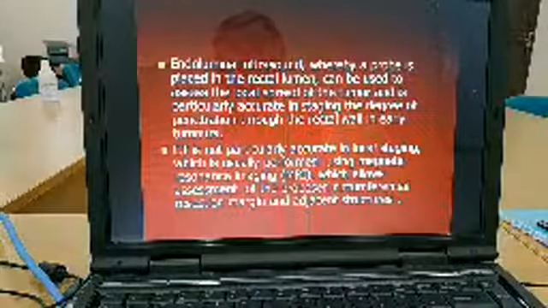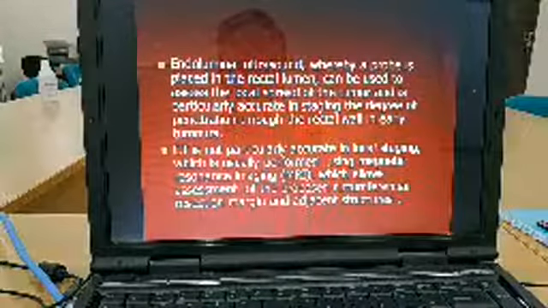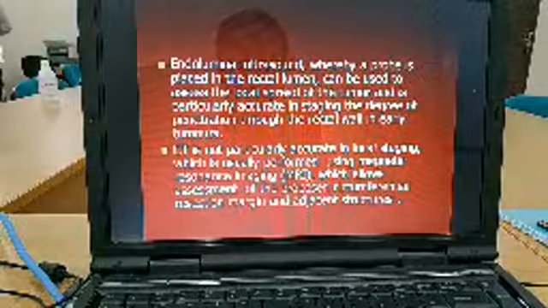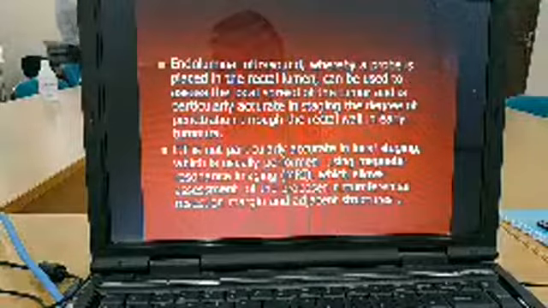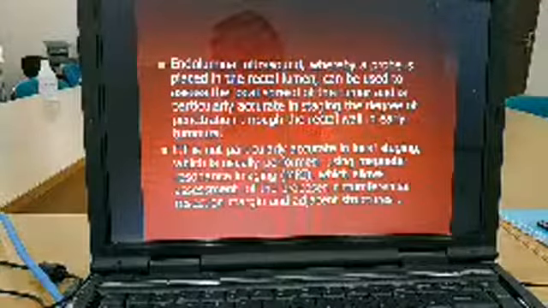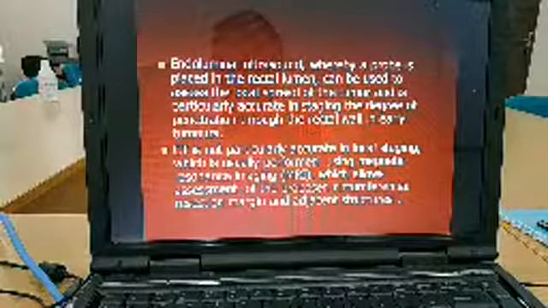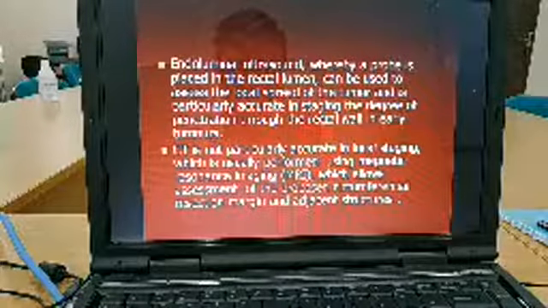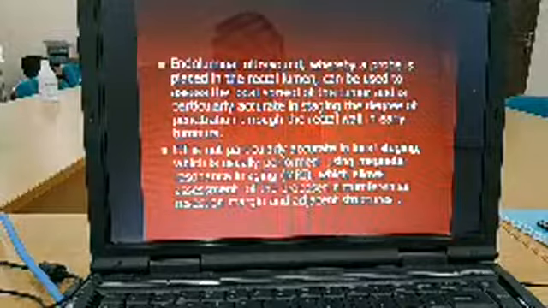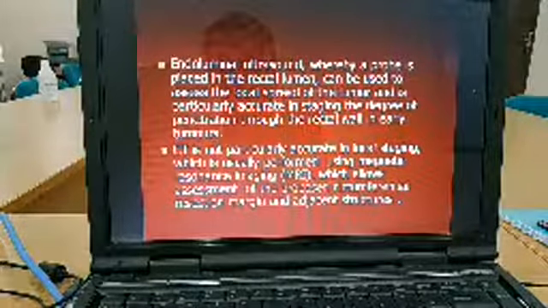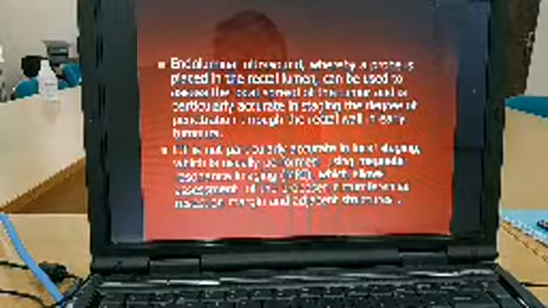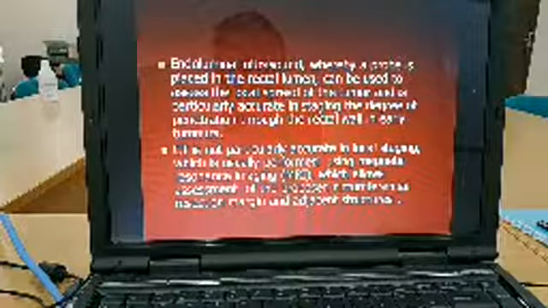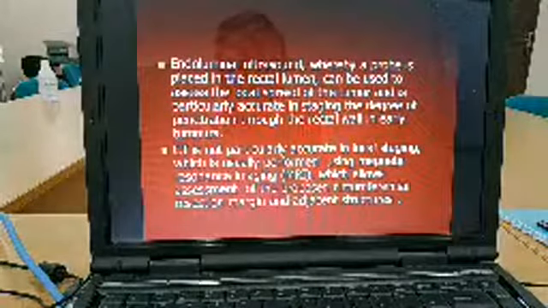Regarding the CT scan, a CT scan is not particularly accurate in local staging of carcinoma of the rectum, which is better performed by MRI. So in staging of carcinoma of the rectum, the MRI is more important than the CT scan. But if there is no MRI, then a CT scan is okay.